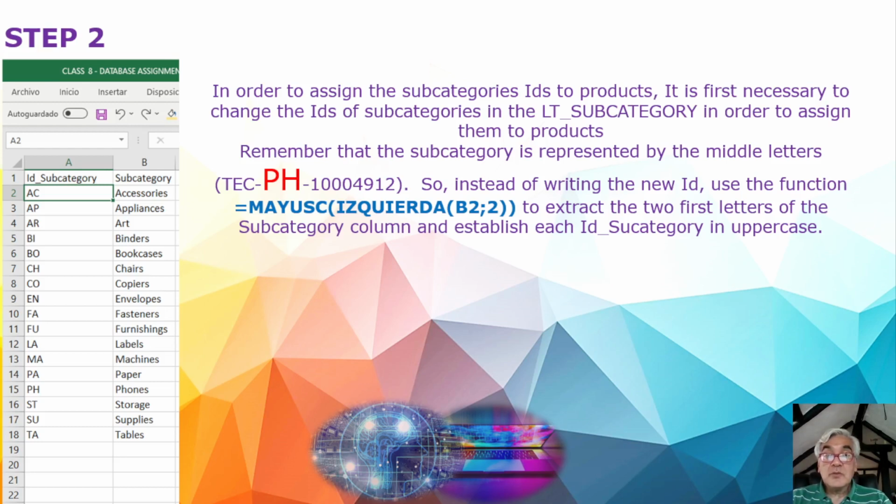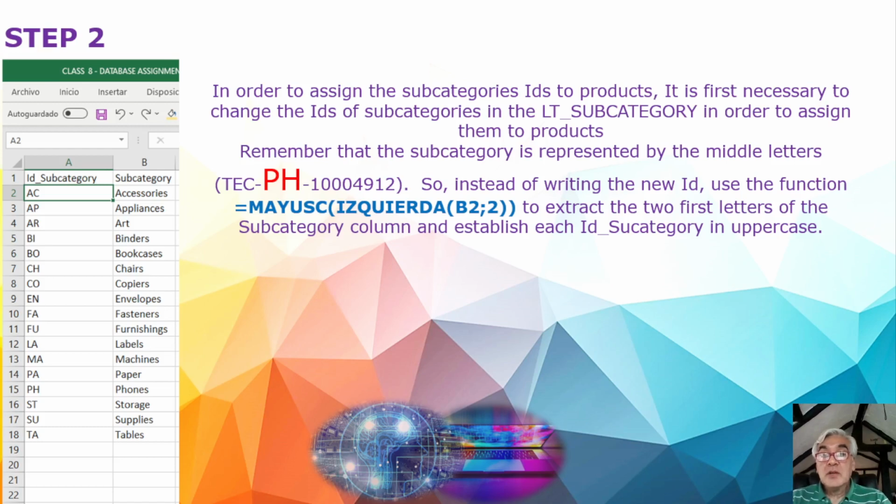So what we are going to do is to use this function in blue. We are going to convert the 2 letters from the left of the B column into uppercase, and those are the letters that you're going to find in the product ID.